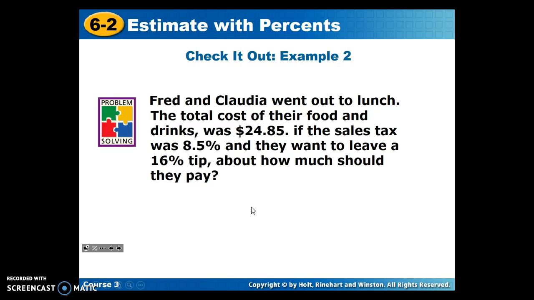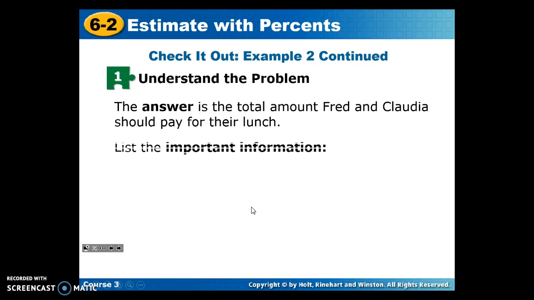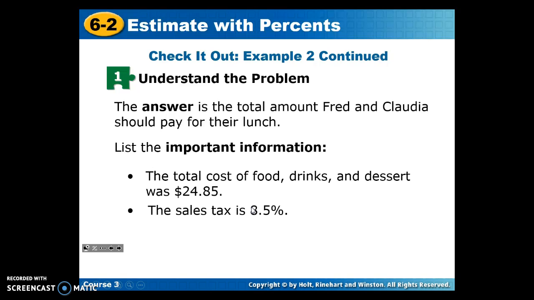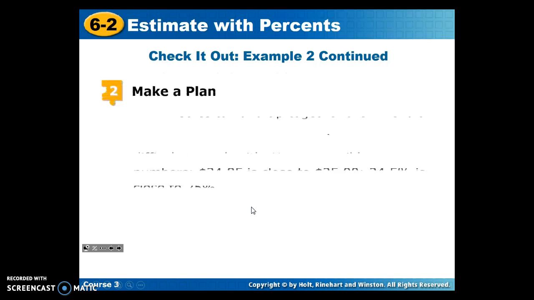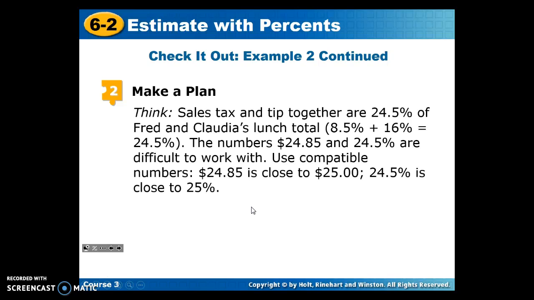All right, here's another one that you can try on your own. Try this out and then hit pause. And now we're back, so let's see how you did. Together it's going to be about 24%.